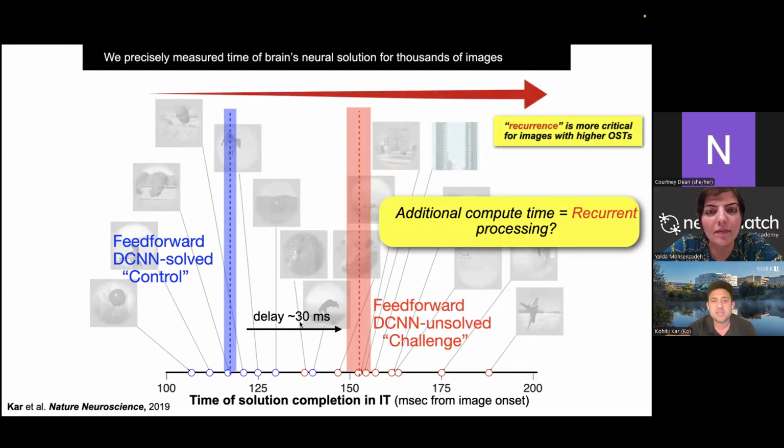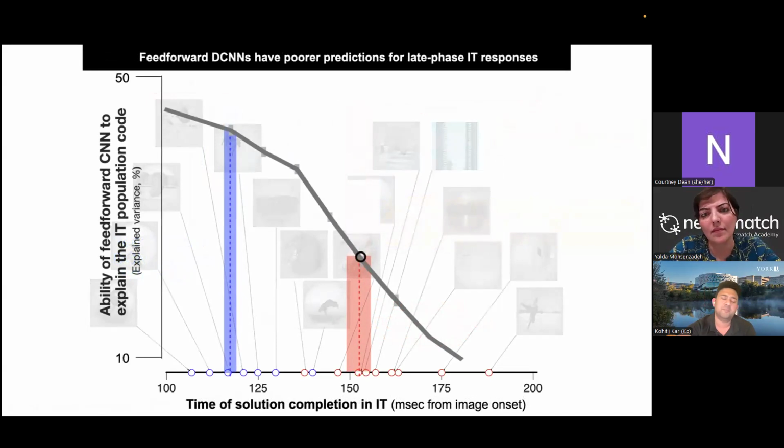There was another interesting observation. Oftentimes in this field, and maybe you have gone through this in some of your coursework, these feedforward models are also used to predict the neural responses of the neurons that we are recording. What we observed is that the early responses were better predicted than the late responses. And oftentimes this late activity that I was showing you is associated with recurrent processing.